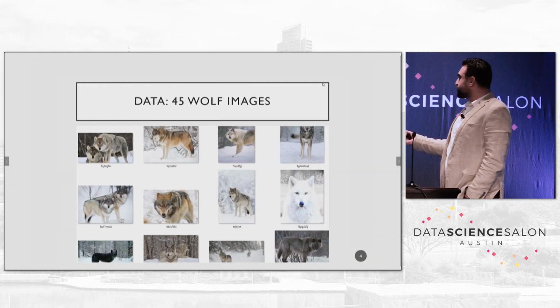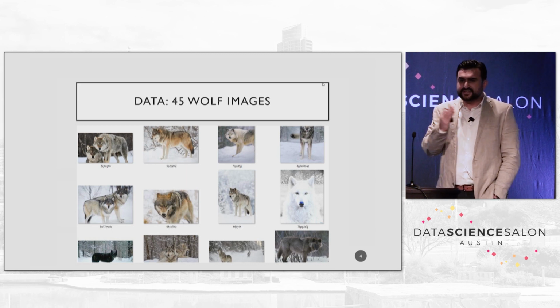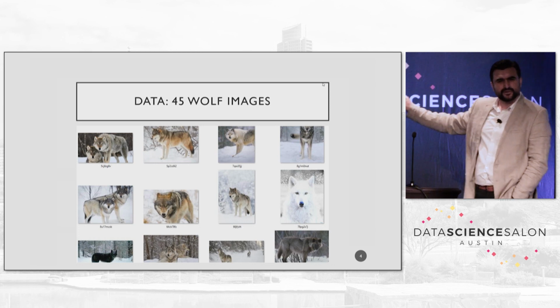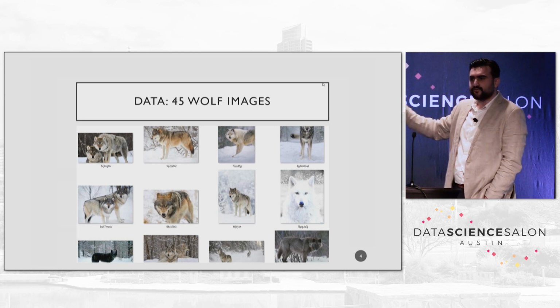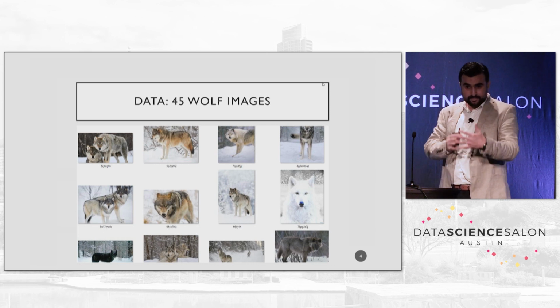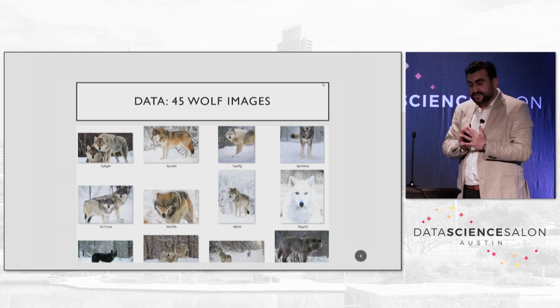And all the wolves were in mostly white backgrounds, which is snowy, more harsh, and there is basically no sign of life here, so that's the type of background. People use the word concomitant, right, that came with these images.